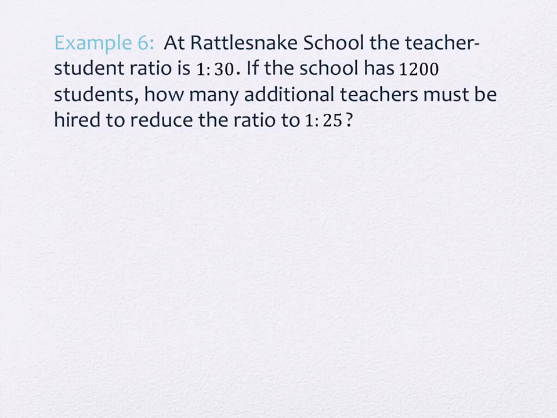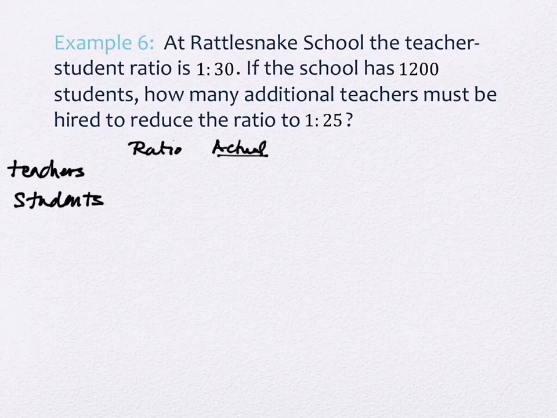As I'm looking at what's being compared, I'm clearly comparing teachers to students. This is much like I did in the problems from the last section and the ones you asked about this morning, that we're comparing their ratio to their actual numbers.